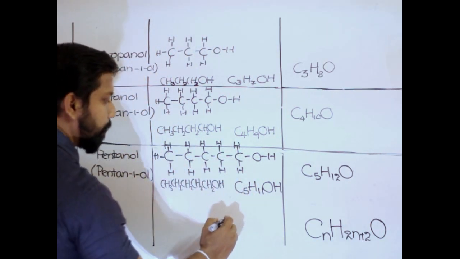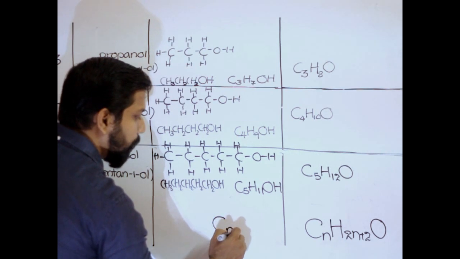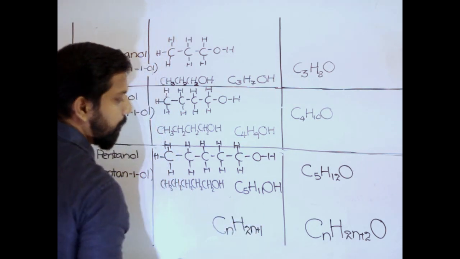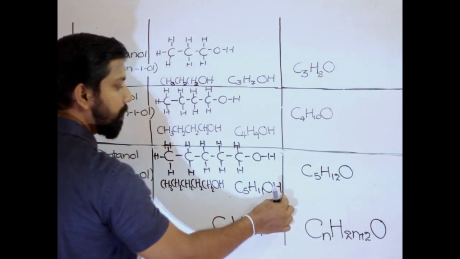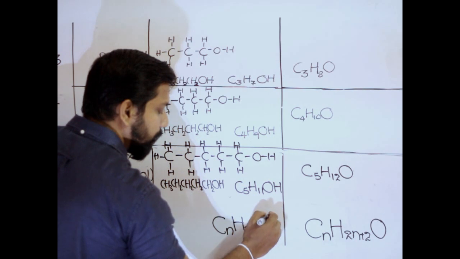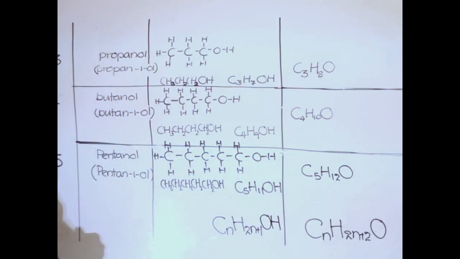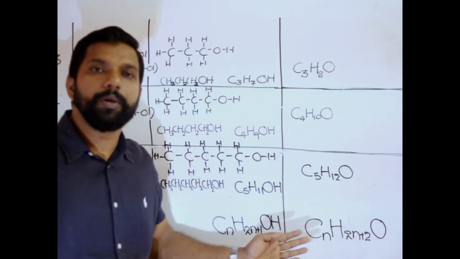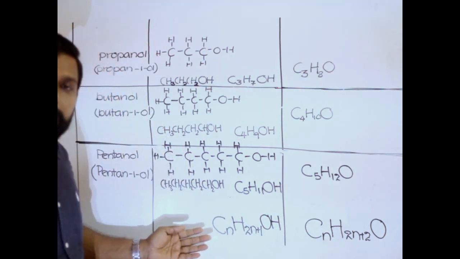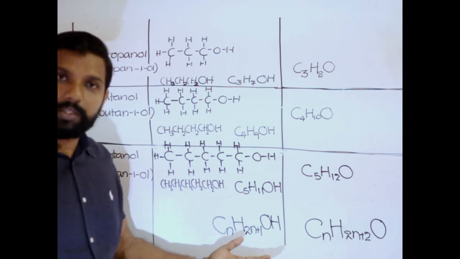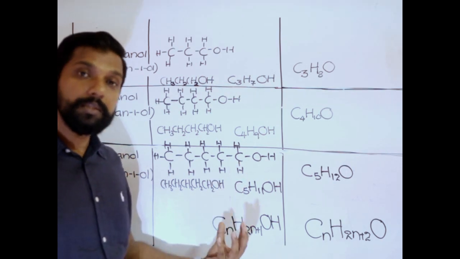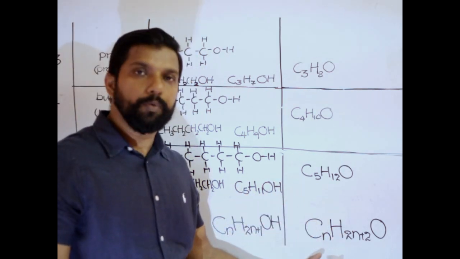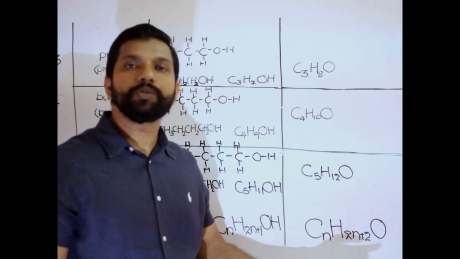And here we have n number of carbon atoms and 2n plus 1 hydrogens, because we are using 1 hydrogen for the OH group. So alcohols have 2 general formulae, which is CnH2n+1OH, which emphasizes that it is an alcohol, but in more general form, CnH2n+2O.